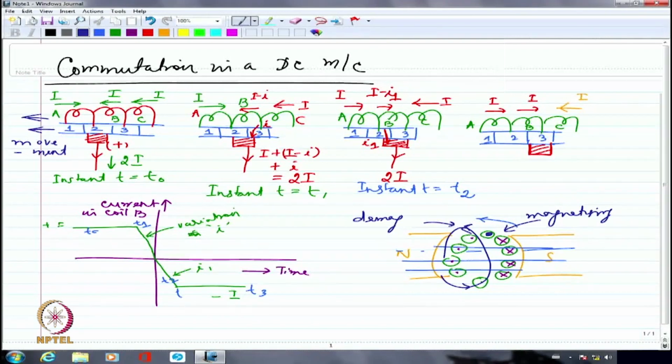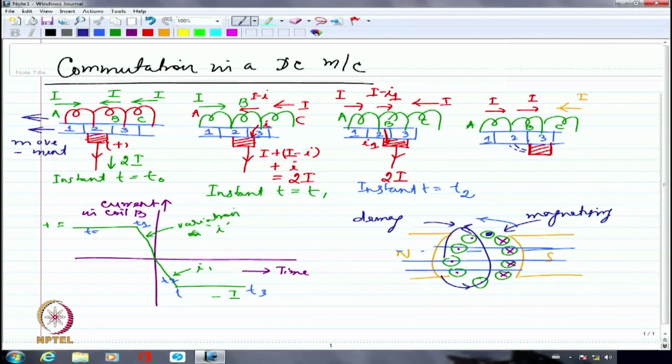So there is some amount of current that is going to flow still from commutator segment number 2 towards the brush, because of the induced EMF in the coil B, which has kind of moved away from the neutral axis.